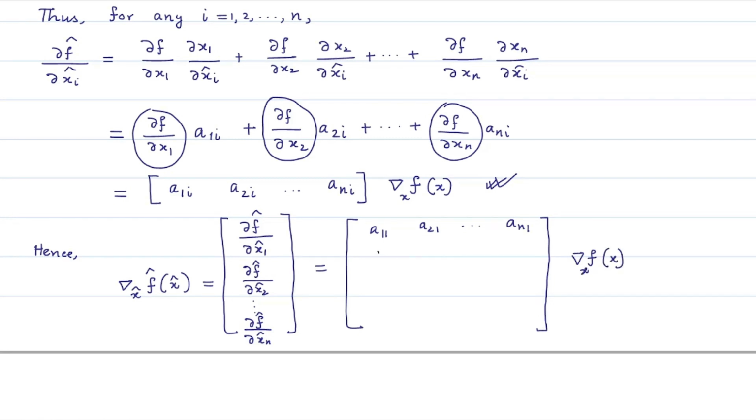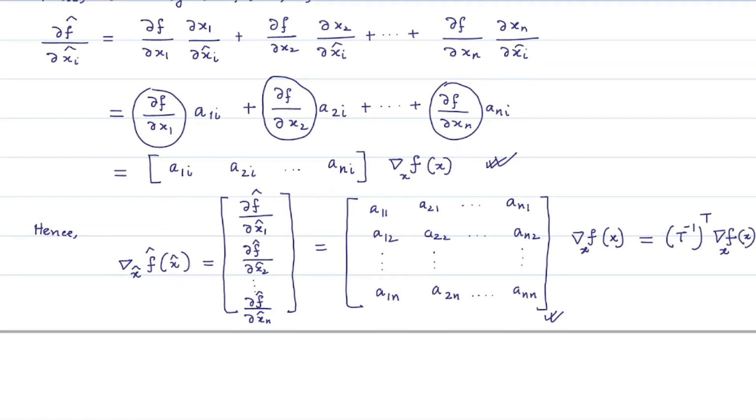The second row is given by a12, a22 till an2, and ending up with the nth row as a1n, a2n till ann, which we see is given by this matrix, which is the transpose of the matrix capital A, and that is T inverse transpose times the gradient of the function f with respect to the variable x.